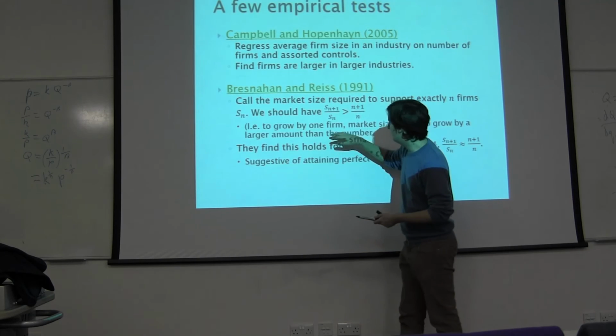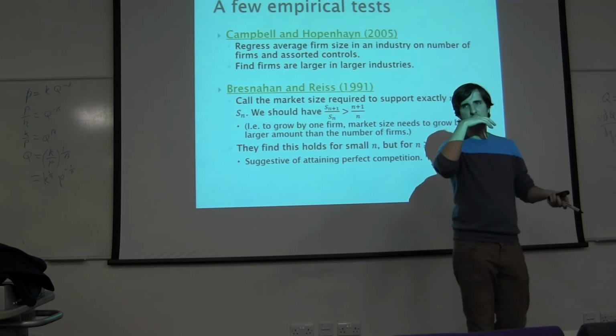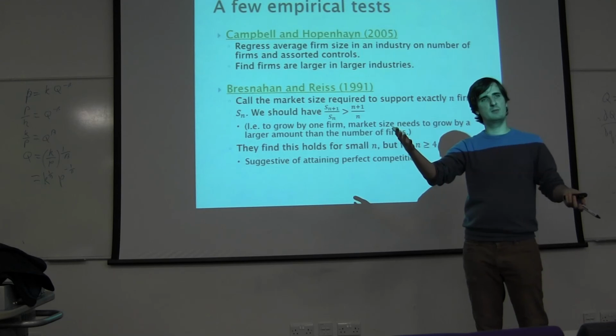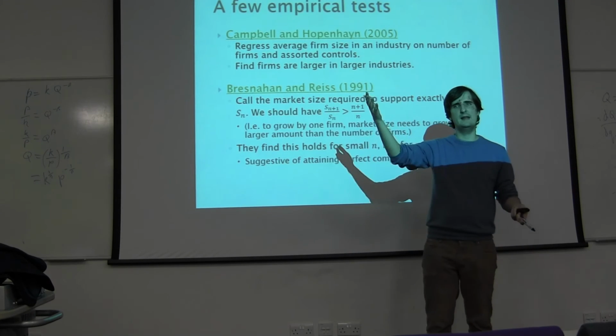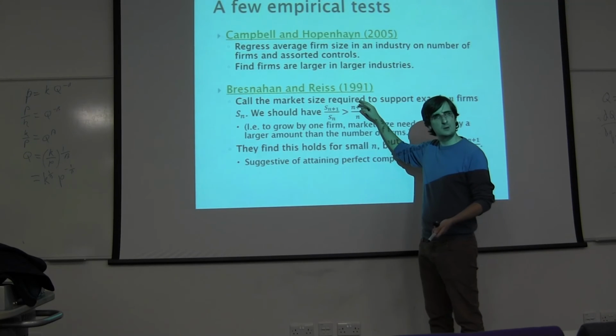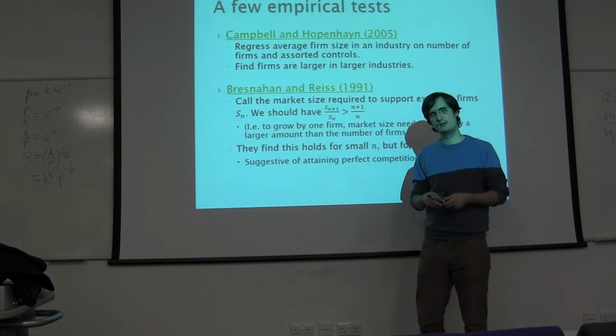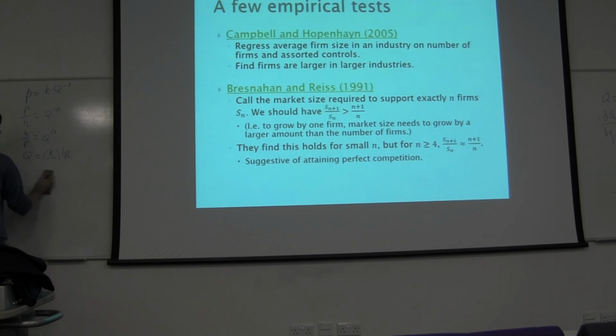So if the intuitive thing was true, in which if you double the market size, you double the number of firms, then Sn would just be proportional to n. Let me just write it another way.